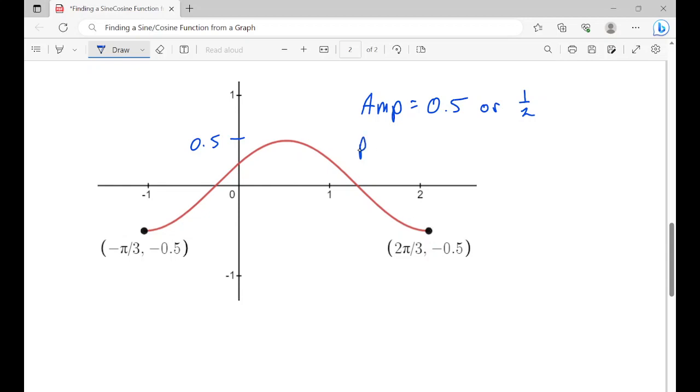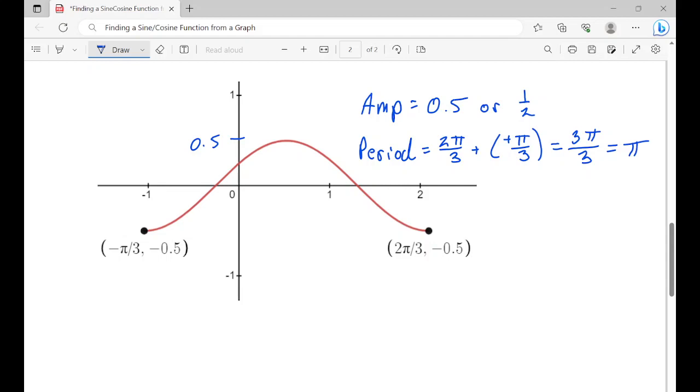So to get the period, what we're going to do is find out how far it is here, the distance. So distance is going to be 2 pi over 3 minus negative pi over 3, which is just going to be plus. So 2 pi over 3 plus pi over 3, which will give us 3 pi over 3, which is just pi.